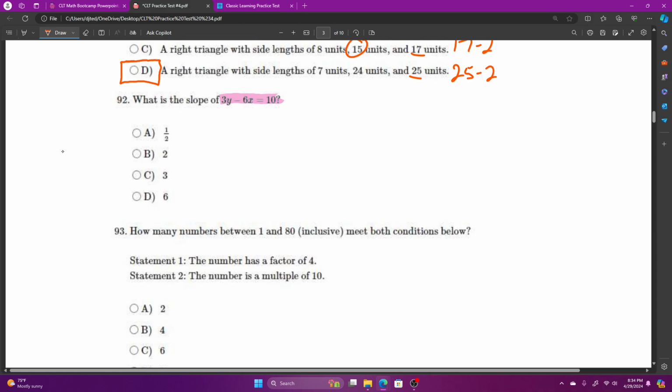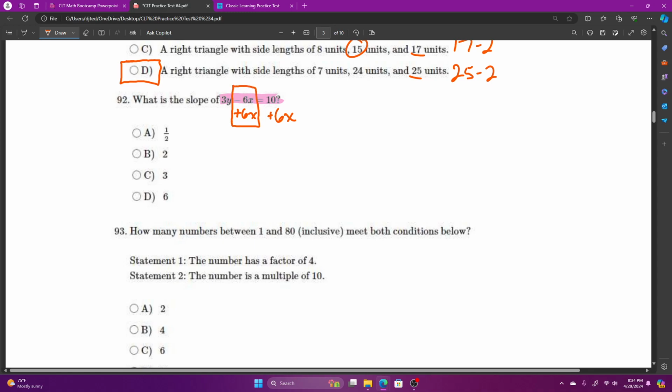So 3y minus 6x equals 10. What I want to get rid of first is my negative 6x. So I'm going to add 6x to both sides of my equation to make this cancel to 0, right?